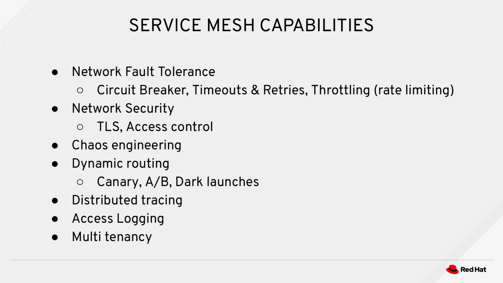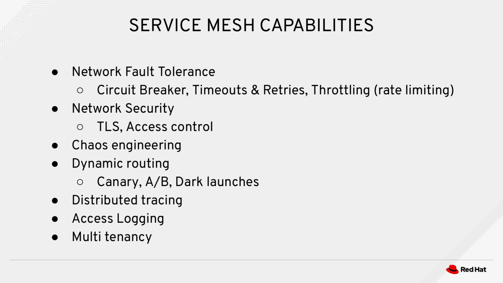Then it also can take over all the network security capabilities. So it means you can implement at the service mesh layer transport level security, including mutual TLS, and also you can implement different access, so authorization and authentication policies. With service mesh, you can also benefit from the chaos engineering pattern.